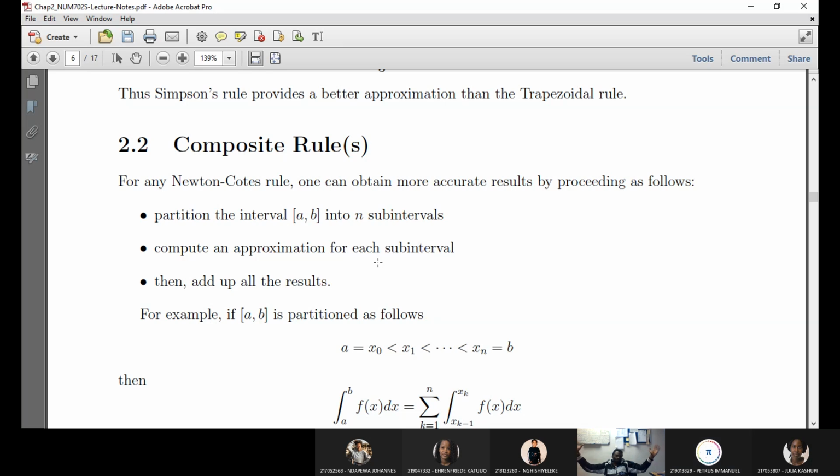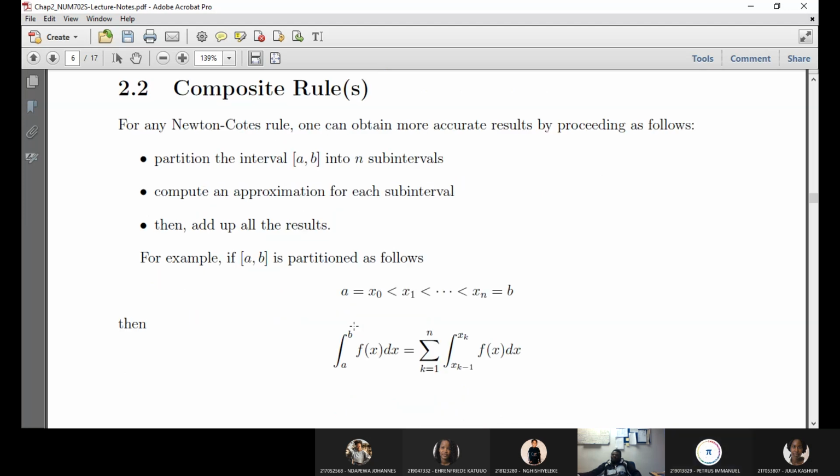And then you add up all those approximations to obtain the global result. For the interval AB, this is a partition. We can partition our interval AB into subintervals x0, x1, x1, x2, and so forth up to x_{n-1}, x_n. Those will be the partition.